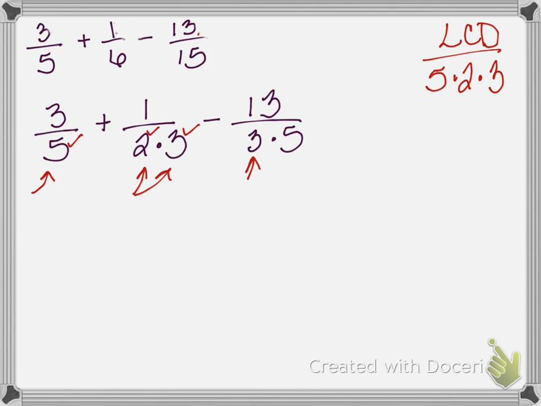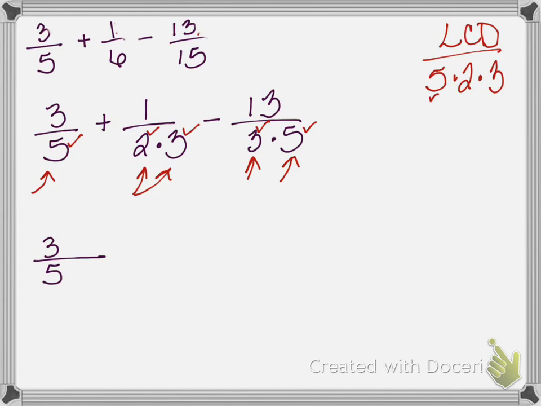Is there already a 3 written down for my LCD? Yes. Is there already a 5 written down? Yes. So I have it covered. I don't need to write down those again because I've already got them covered. So what I want us to do now is look at this using our primes. So I have 3/5 written. Here, my 5 is already covered.